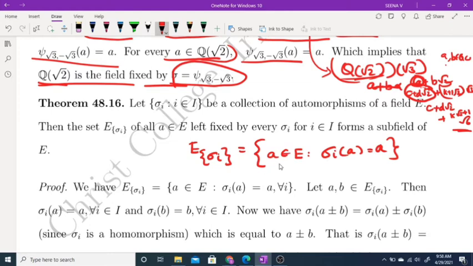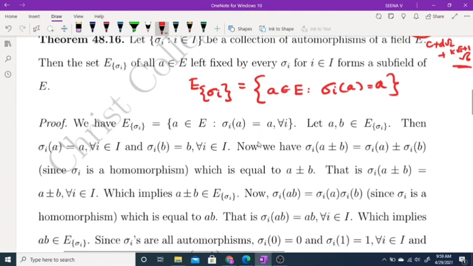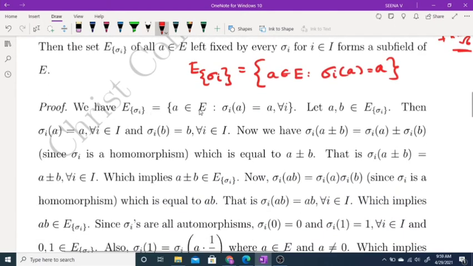To prove this forms a subfield, we have to prove addition is closed, multiplication is closed, inverses exist, etc. E_{σ_i} is the set of all a in E such that σ_i(a) = a for every i. Let a, b belong to E_{σ_i}. Then σ_i(a) = a and σ_i(b) = b. Now σ_i(a + b) = σ_i(a) + σ_i(b), since σ_i is a homomorphism.